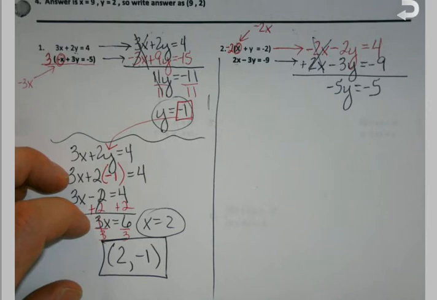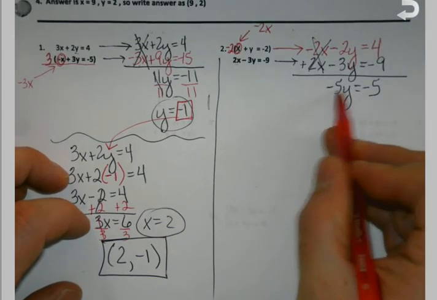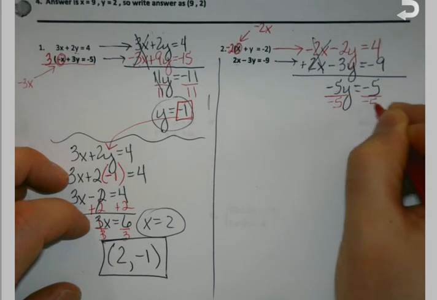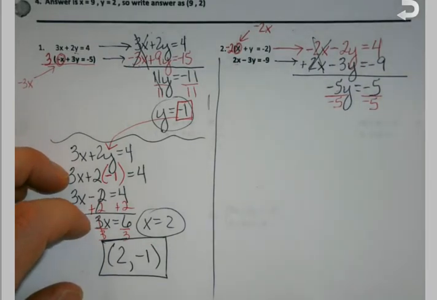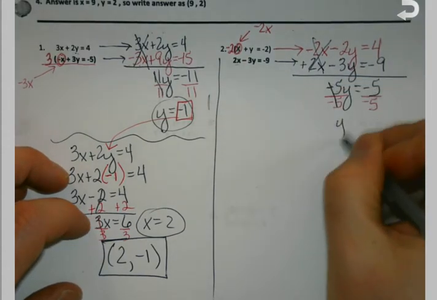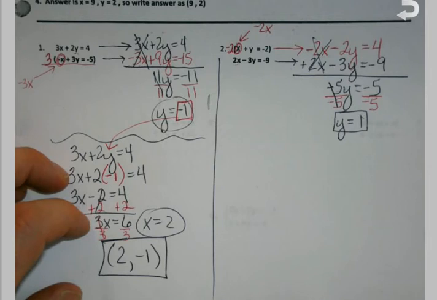And again, it's the little things. I'm multiplying y by 5. So I divide that out. Get my answer. Again, be careful with signs.